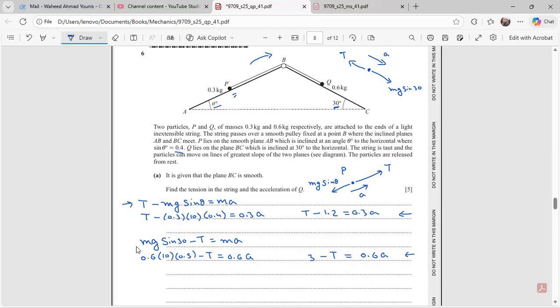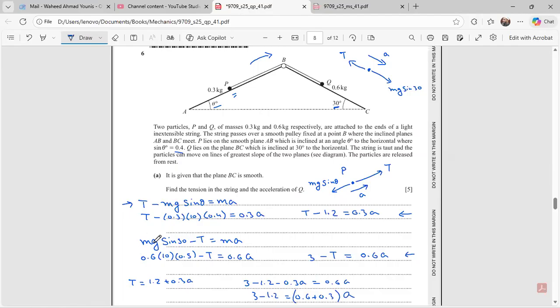From the first equation, T is equal to 1.2 plus 0.3a. Let me substitute this value of T in the second equation. So 3 minus 1.2 minus 0.3a equals 0.6a. If I take it to the other side, 3 minus 1.2 equals 0.6 plus 0.3 into a.